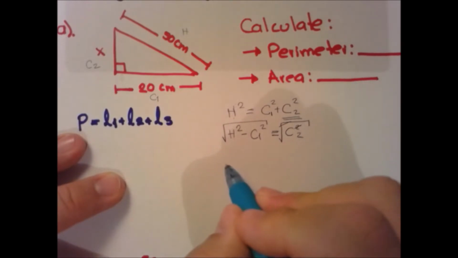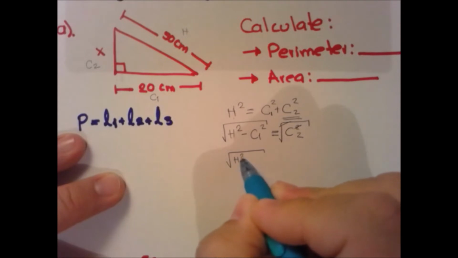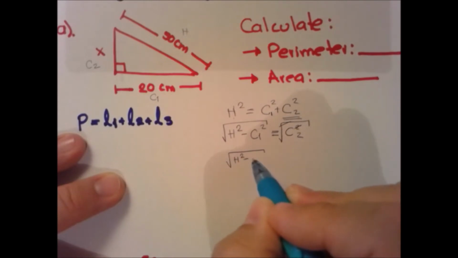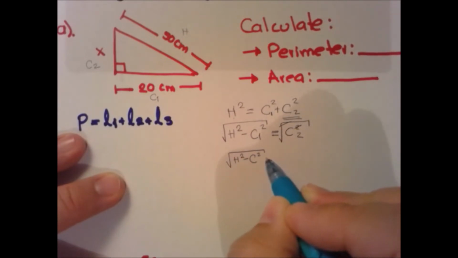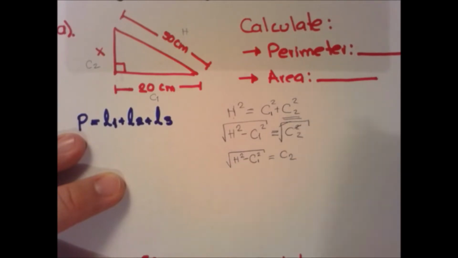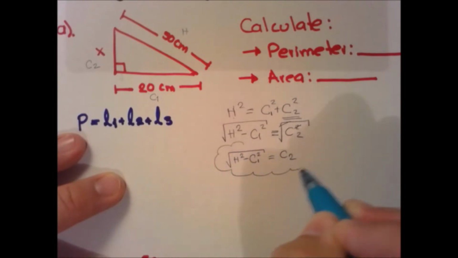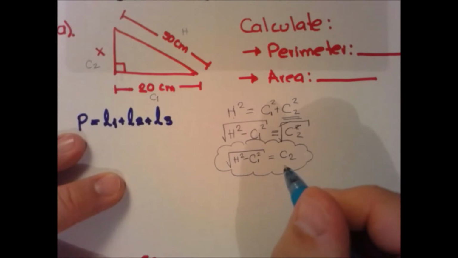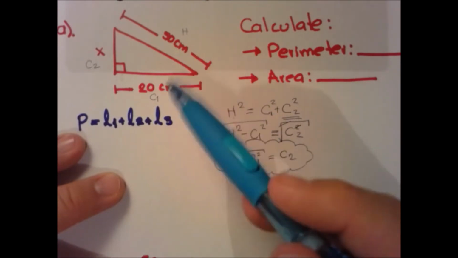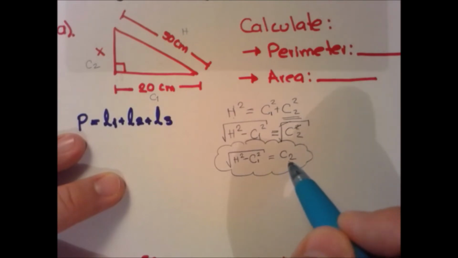So at the end, I'm just going to have the square root of the square of the hypotenuse minus the square of the cathetus, where this is cathetus 1 and this is cathetus 2, and this is going to be the clear formula. So the only thing I need to do right now is to use this information, and then I'm going to have this value.